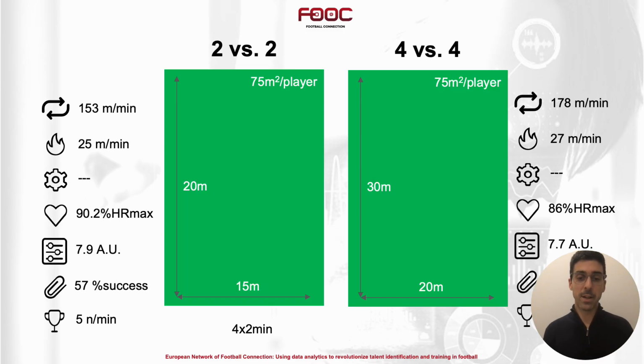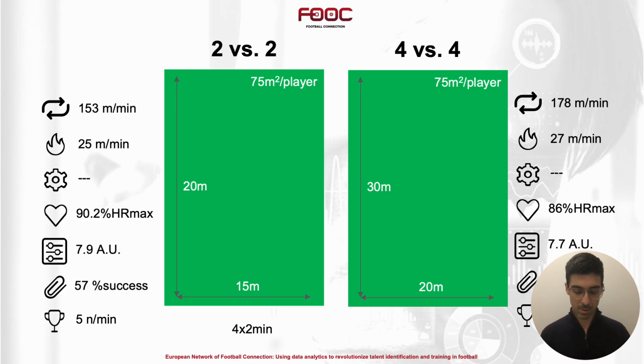So we can have here two examples for the same players, 2 versus 2 versus 4 versus 4. And we can see that the differences between 2 versus 2 and 4 versus 4 are verified. You can see total distance about 150 meters a minute in 2 versus 2. However, in 4 versus 4 it is about 180 meters a minute.